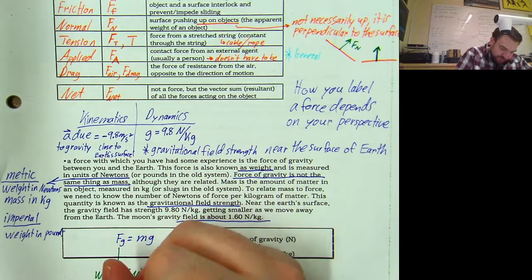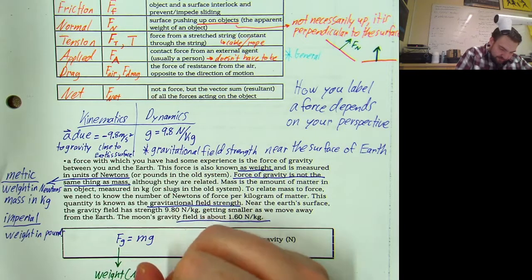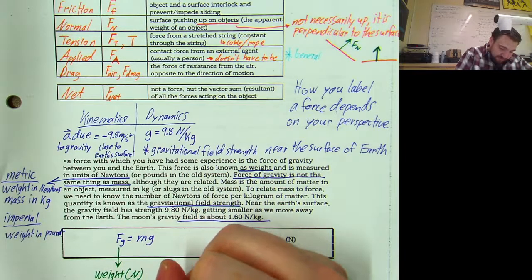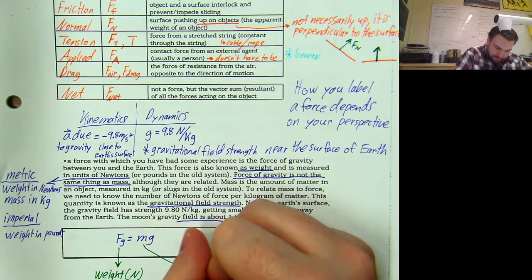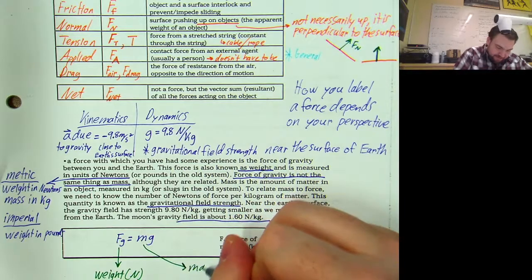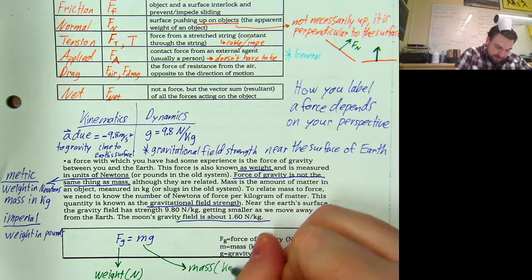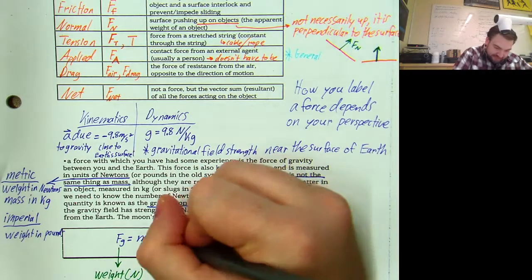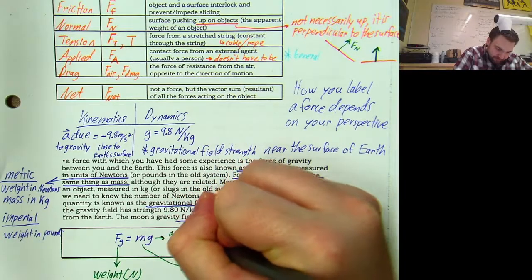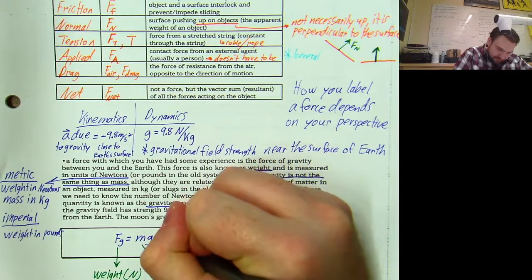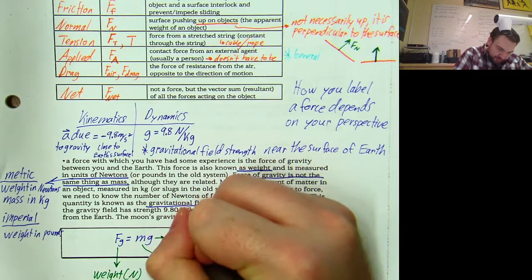It's also called the force of gravity. Those are equivalent. M there is your mass measured in kilograms, and little g is gravitational field strength.